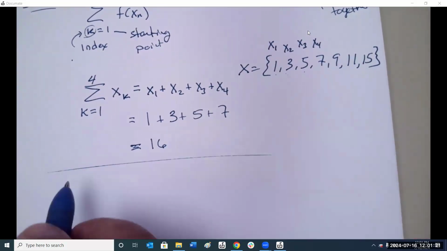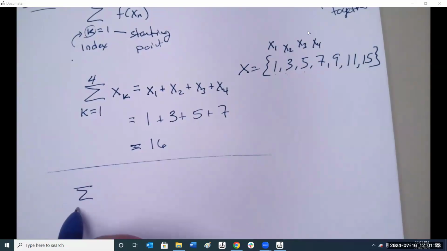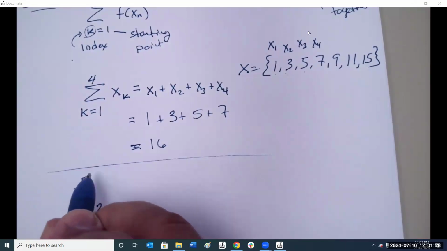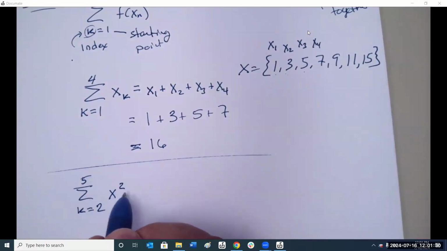Okay, same thing there. Let's try k equals 2 to 5 of x squared sub k.